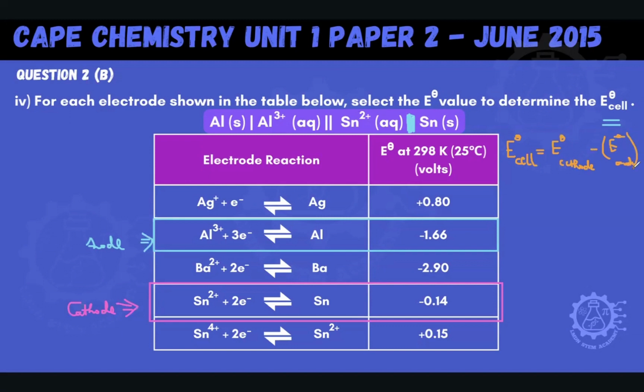So all I have to do is plug in the numbers. The cathode was this number, so I'm going to drop that here, negative 0.14. And then I'm going to minus off whatever it was on my anode, which was minus 1.66.